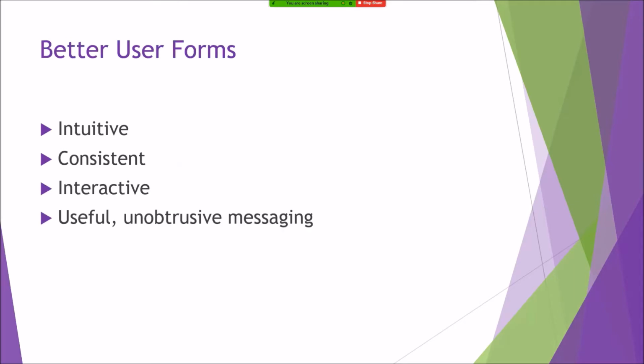So today's topics explore some strategies for providing an interface with forms that are interactive but not intrusive, that are intuitive, consistent, interactive, with useful, unobtrusive messaging, and that reduce clicks.